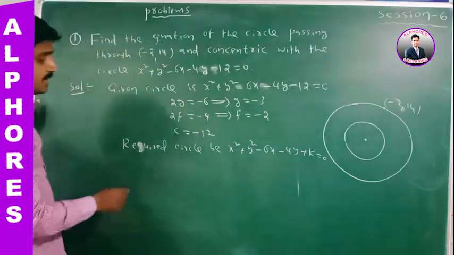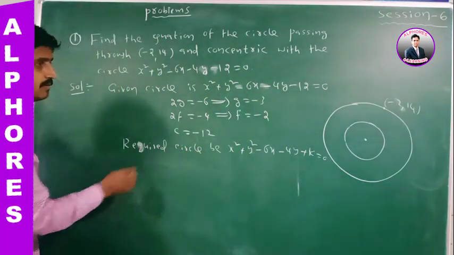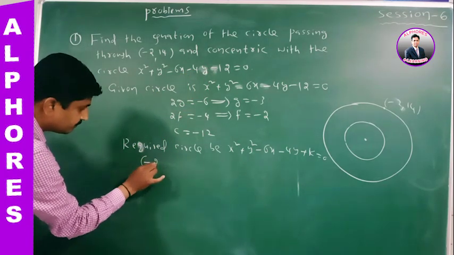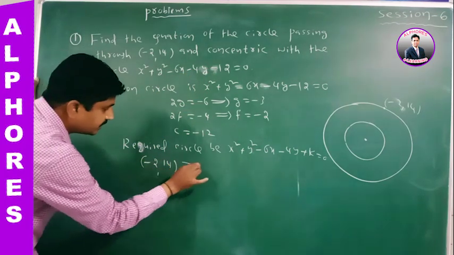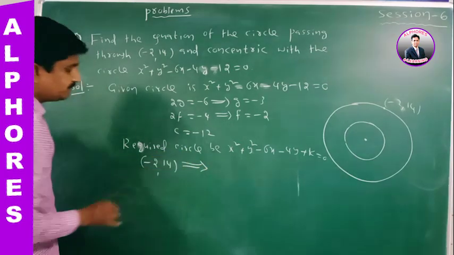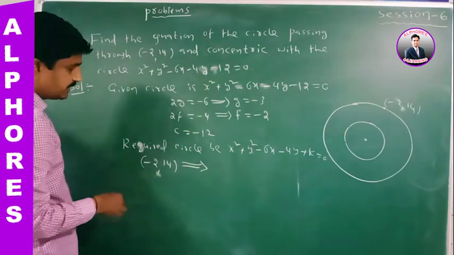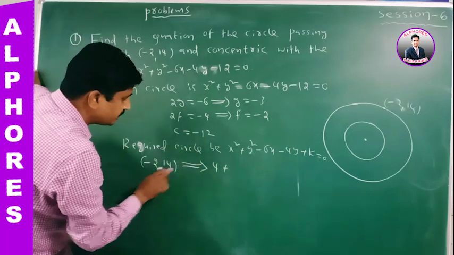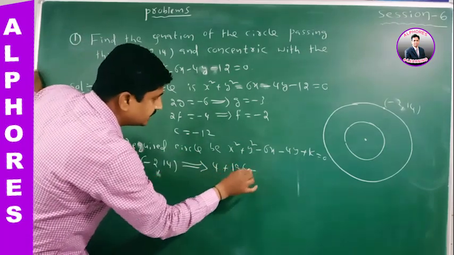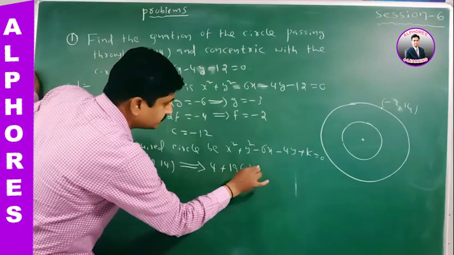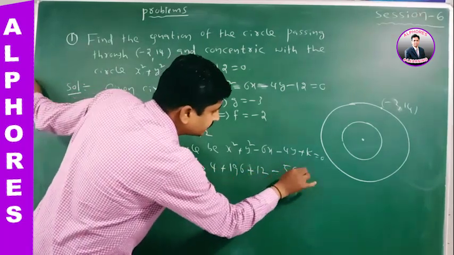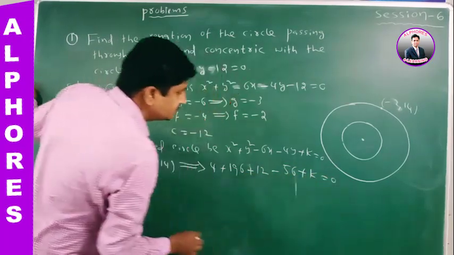Now, the circle passes through the point (-2, 14). Substitute x as -2 and y as 14. Next, it is 4 + 196 + 12 - 56 + k = 0.